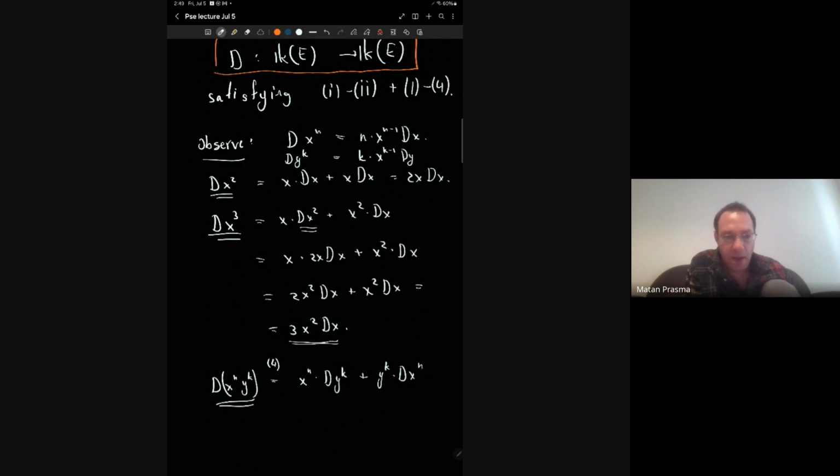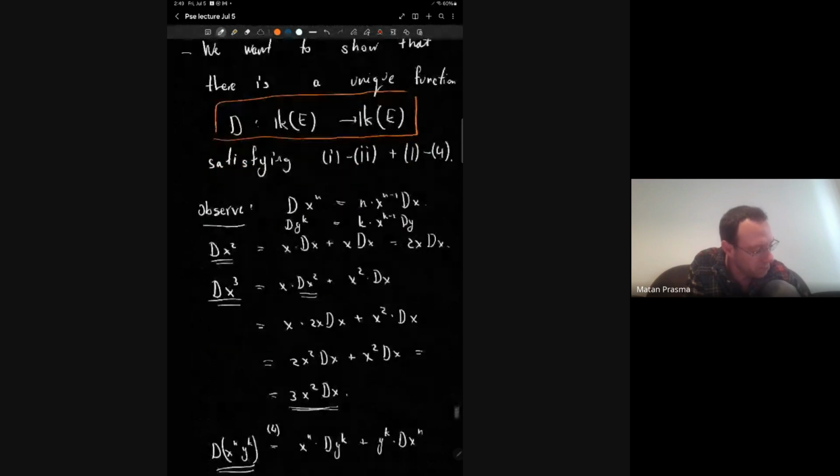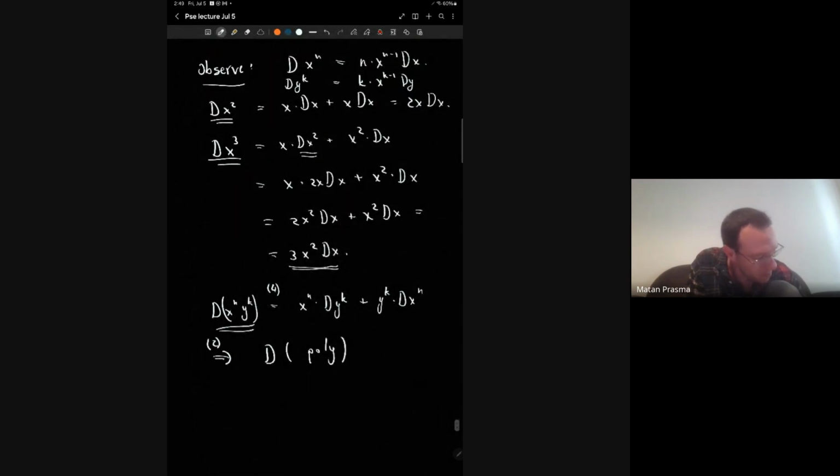And if I know that, then I know how to do d of any polynomial, by rule number 2. This equation star tells me how to do d of a monomial, and from rule number 2, d of a sum is the sum of the d's.